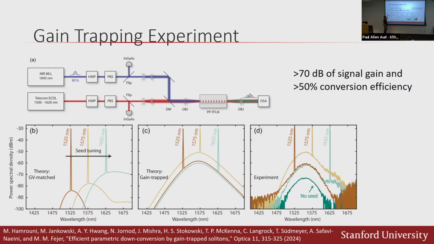Lithium niobate is transparent to these wavelengths, so I could choose any pump wavelength. I could have used a 1300 laser, but it's hard to find high energy pulse lasers at that wavelength. Then I just have to design my dispersion around the wavelengths that I have in my lab, and I choose QPM periods that explicitly phase match these wavelengths.